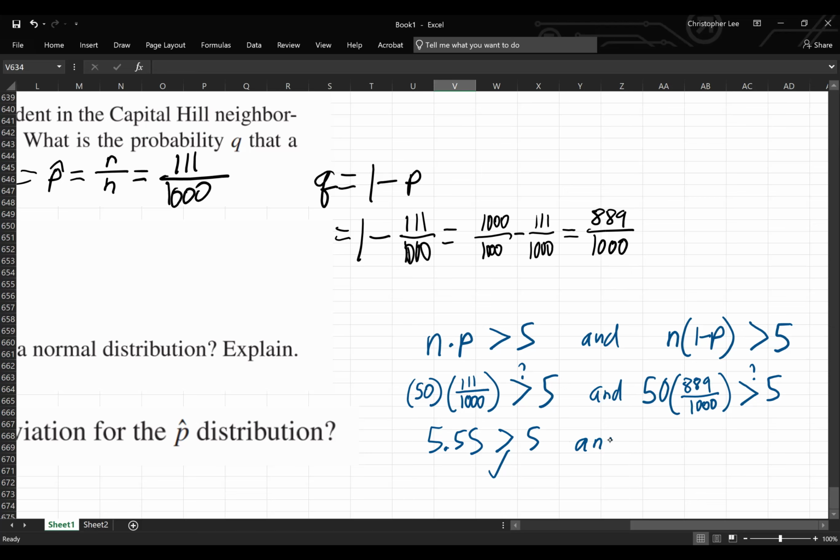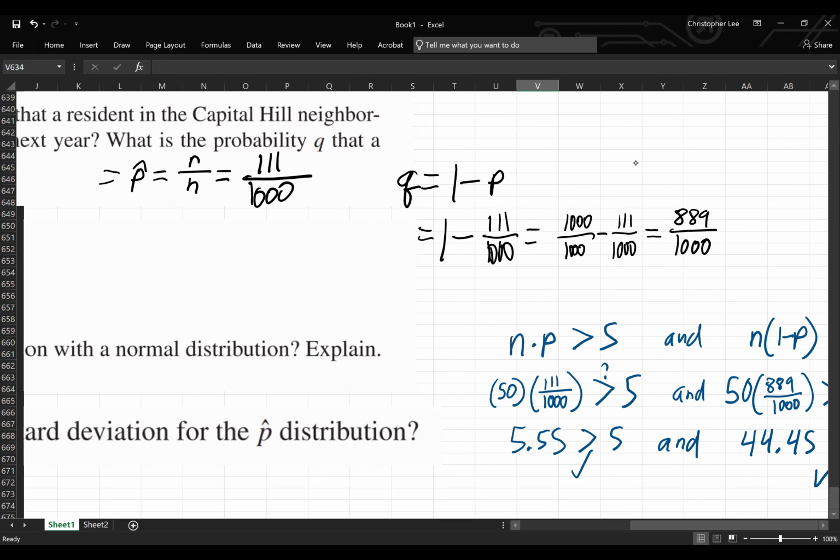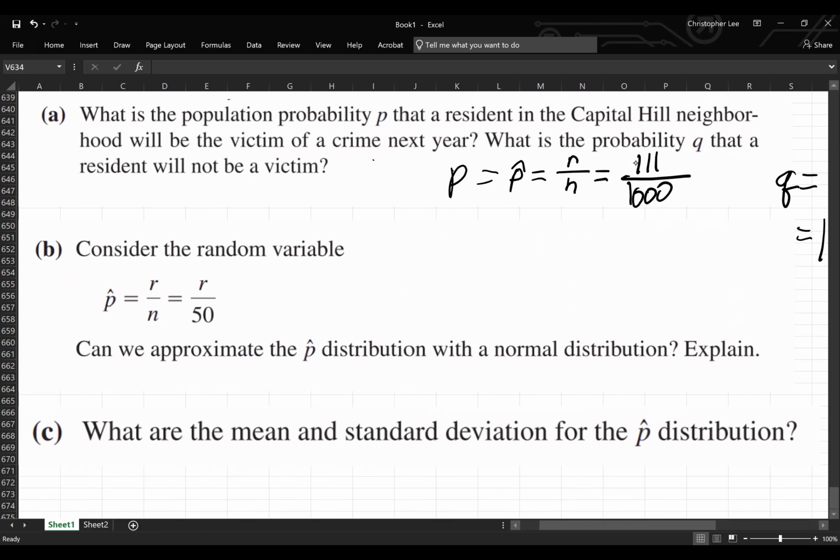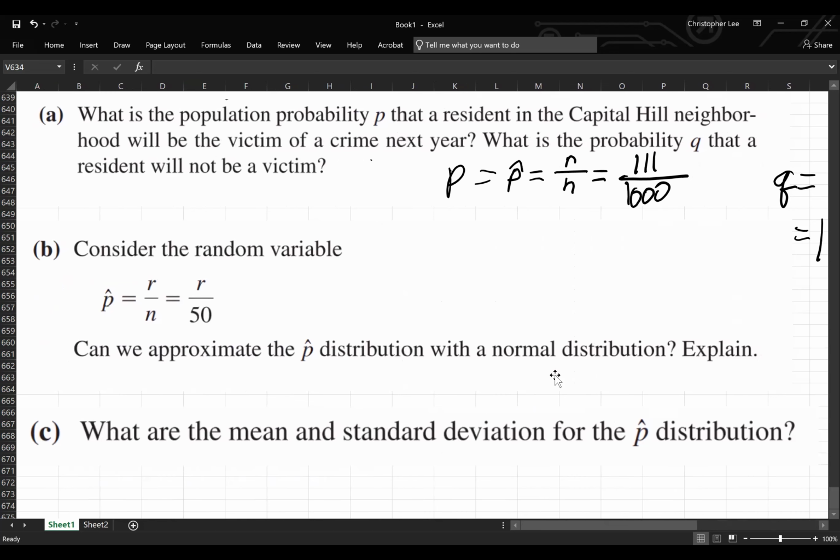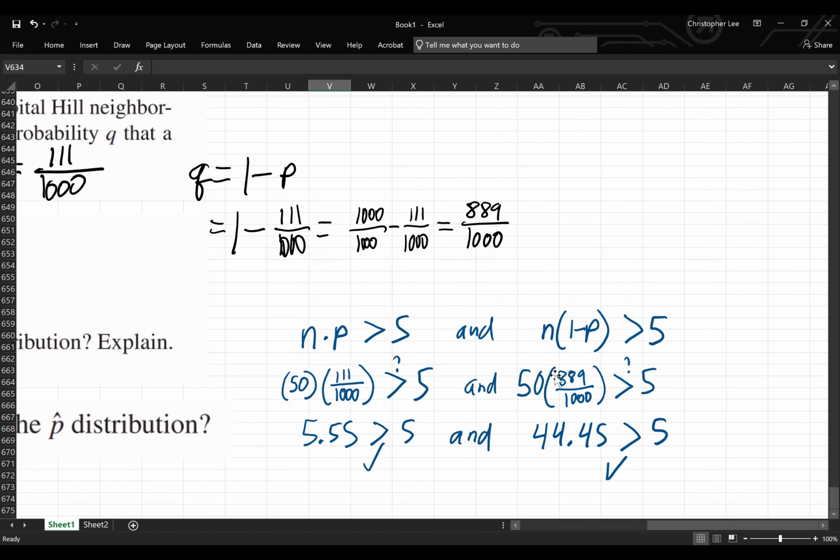That's a big number. Oh, yeah, the thousand. So we got 44.45 on the other side. Yes, that is bigger than 5. So here's a question: can we approximate the p-hat distribution with a normal distribution?